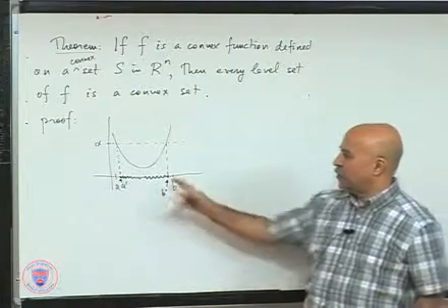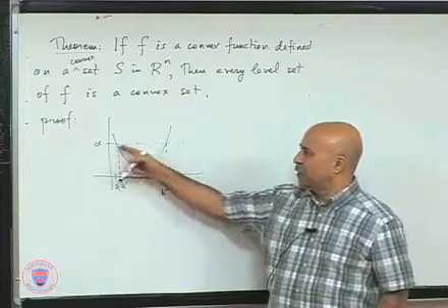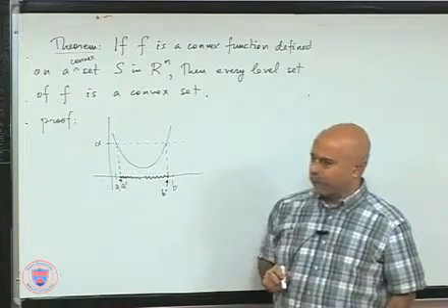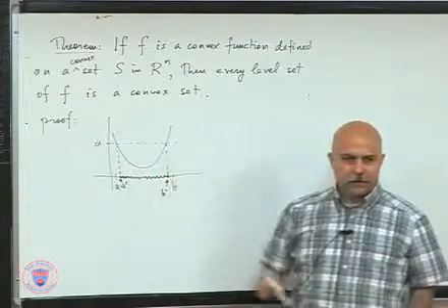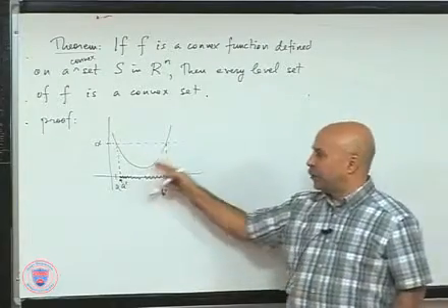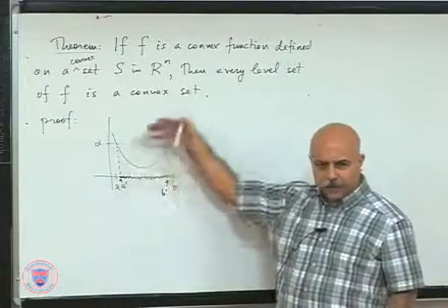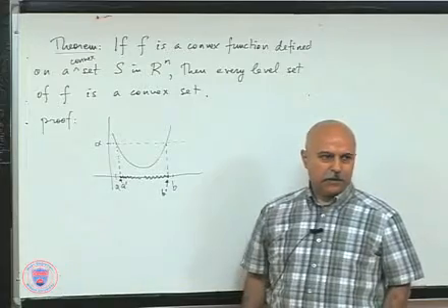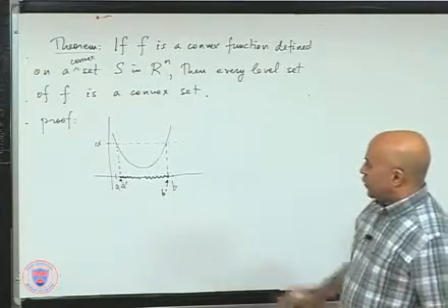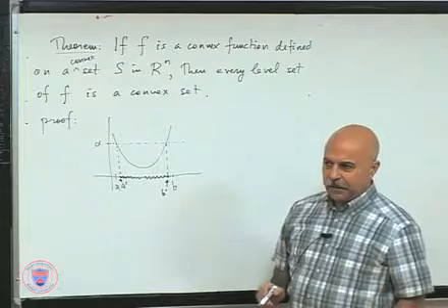So A prime, B prime is the level set of this function corresponding to that particular alpha, because it includes all the points in the domain whose function value is less than or equal to alpha. Okay? All right, so you can see that it is convex indeed.